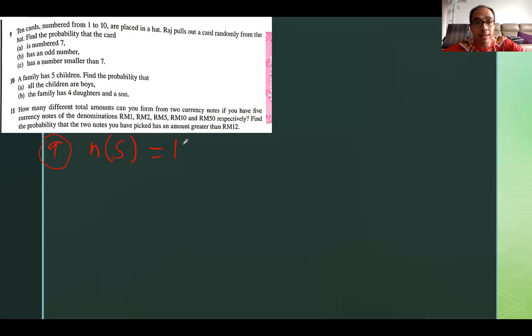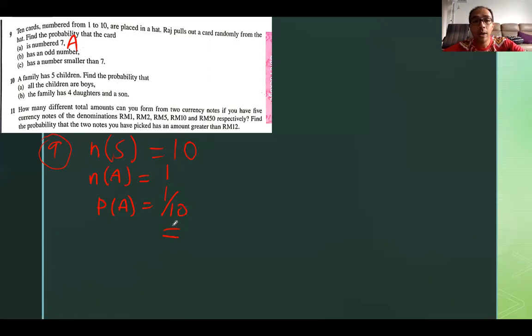Our sample space is 10 because there are 10 cards only. The event that we want, I'm going to call this event A. Event A is pulling out number 7. How many number 7s are there? There's only one number 7. So the probability of the number 7 being pulled out is 1 over 10.